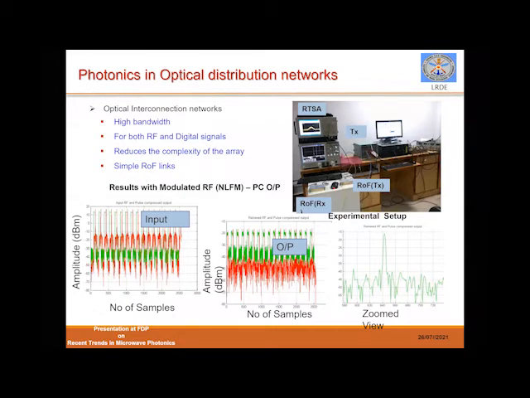This technique is called WDM, that is wavelength division multiplexing. That means I am assigning each of the RF signals to one lambda, and then it is multiplexed and sent over a single fiber. So you can use a single fiber for multiple signal carriers. And is it necessary that all should be RF? No. One can be RF, one can be digital, one can be a control signal, one can be a synchronization signal.